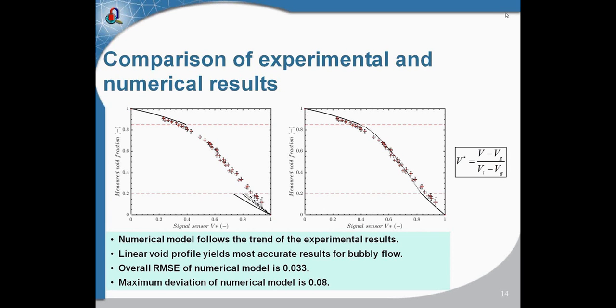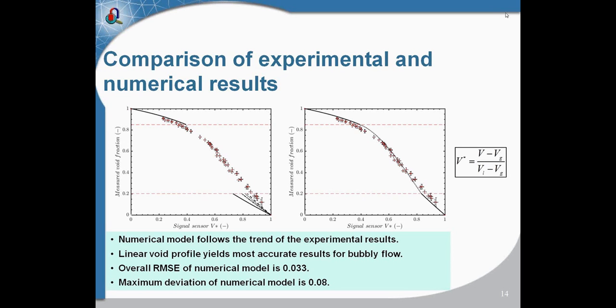That means the best bubbly flow model for n equals 1, and a weighted average of the bubbly and the annular flow model in order to describe the intermittent flow. As I mentioned before, there's no particular numerical model that can be used for slug or churn flow, and therefore it was approximated by a weighted average.